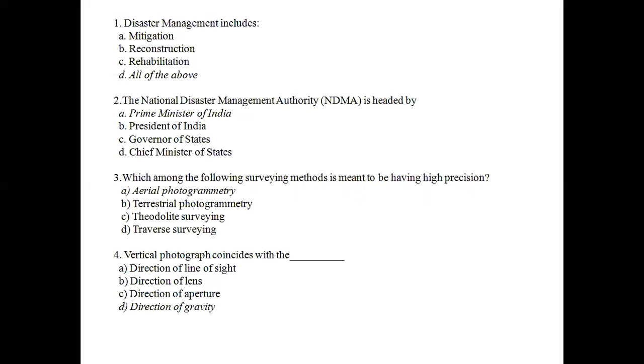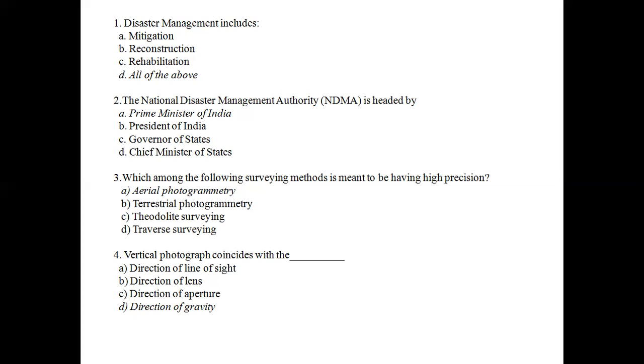Which among the following surveying methods is meant for high precision? We have different methods of surveying, which is more relevant or more precise. The options are aerial photogrammetry, terrestrial photogrammetry, theodolite surveying, traverse surveying. You have to identify the correct answer for that.